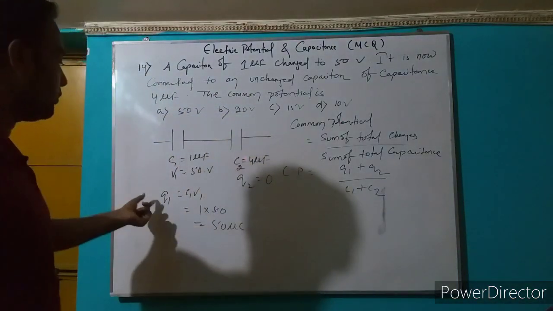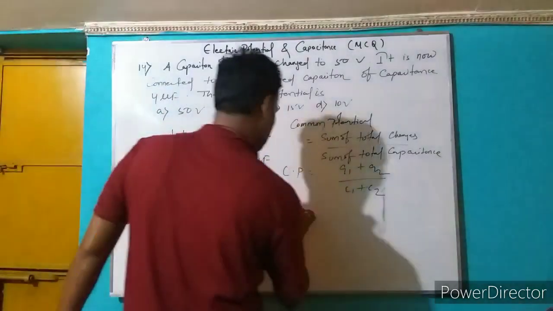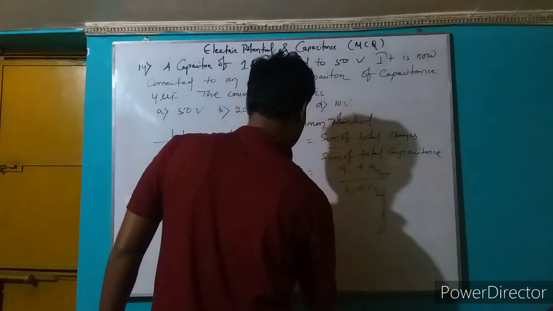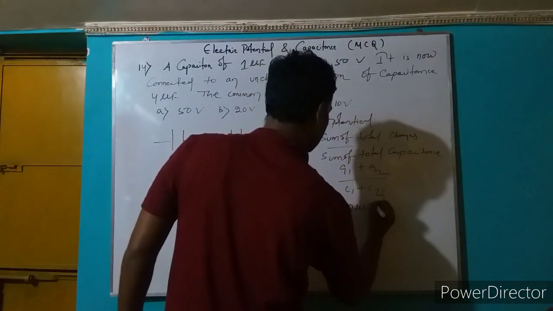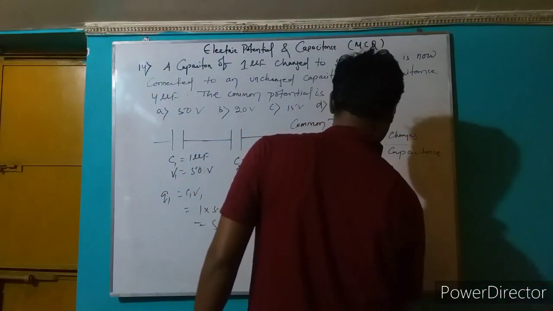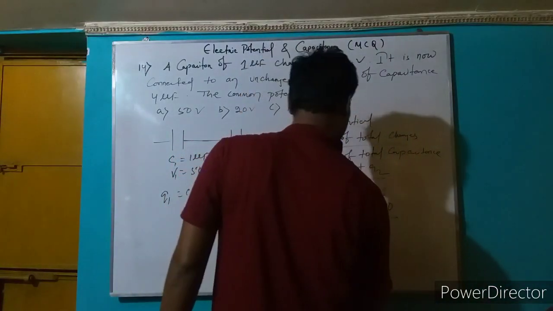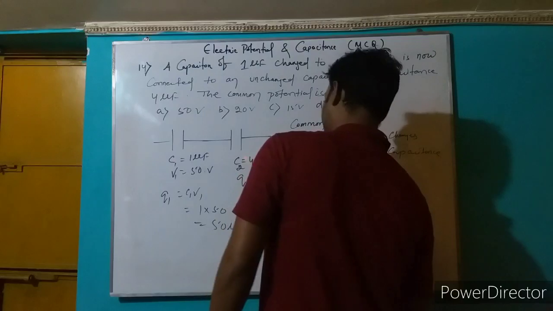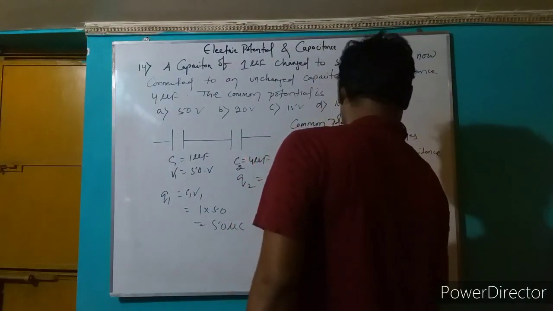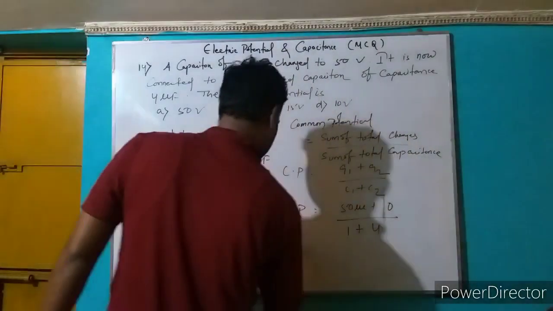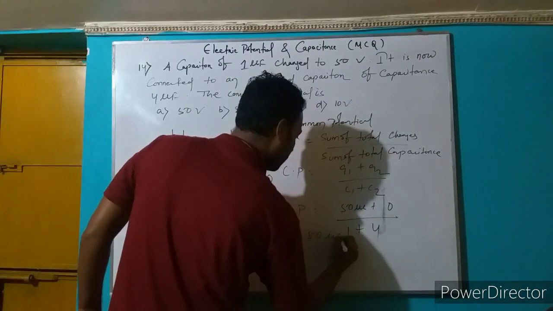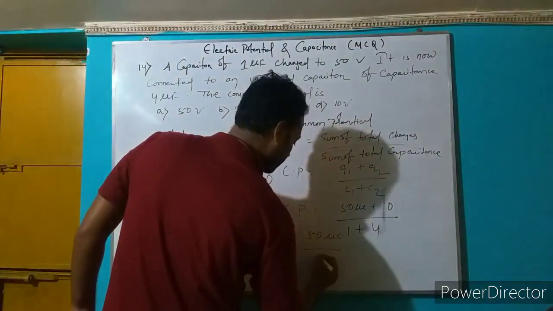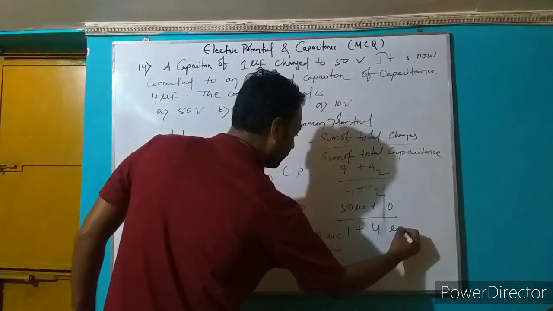If you put the values of Q1 and Q2 in that equation, Cp equals Q1, that is 50 microcoulomb, plus Q2, that is 0, divided by C1, that is 1, plus C2, that is 4. So Cp equals 50 microcoulomb divided by 5 microfarad.